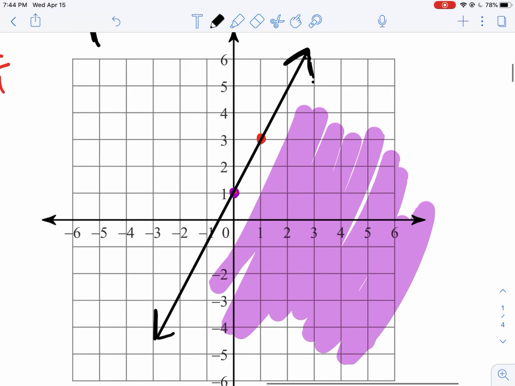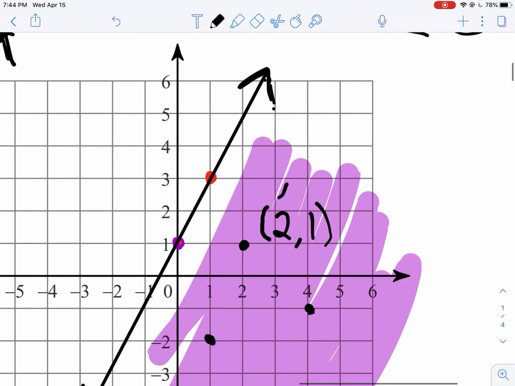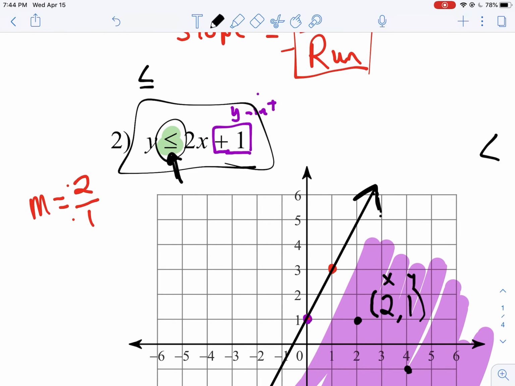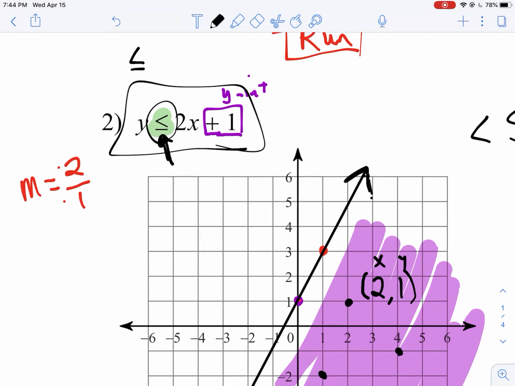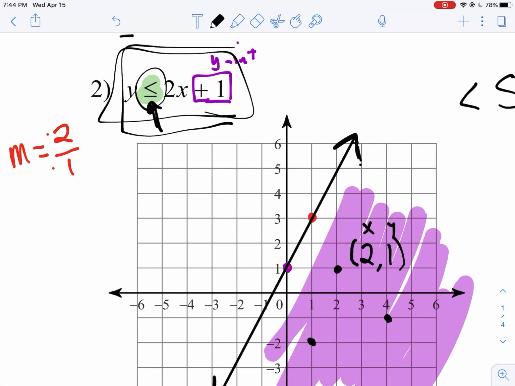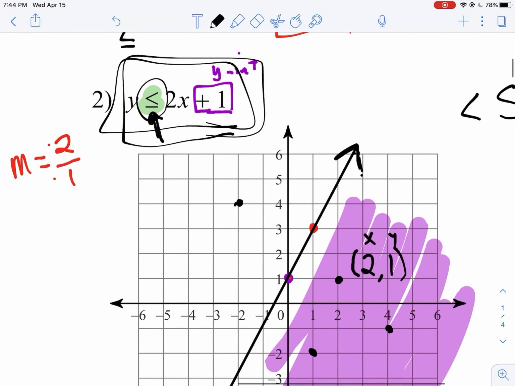So that means with my shaded area, any dots I put in here, so those points, if I plotted them as x, y's, so like this one would be x is 2, y is 1. If I plug in x is 2 and y is 1 into this original inequality, it would make it a true inequality. So any dots in the shaded area make this inequality true, whereas any dots outside of it would not.